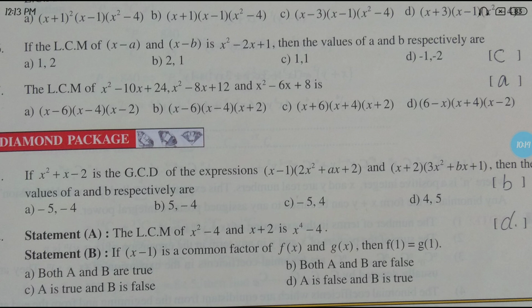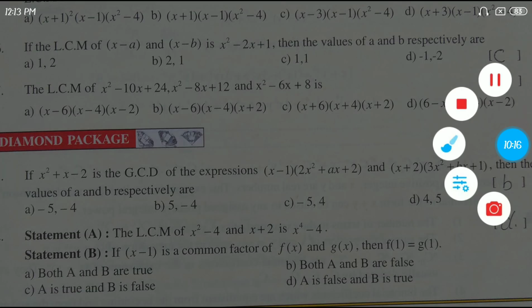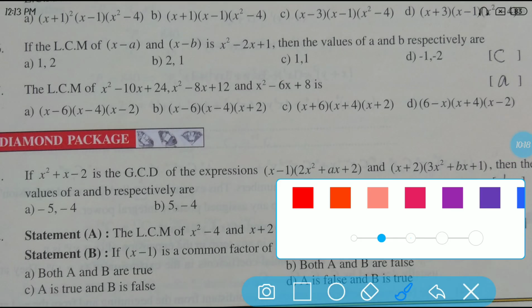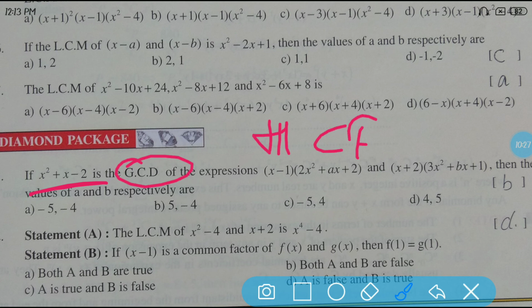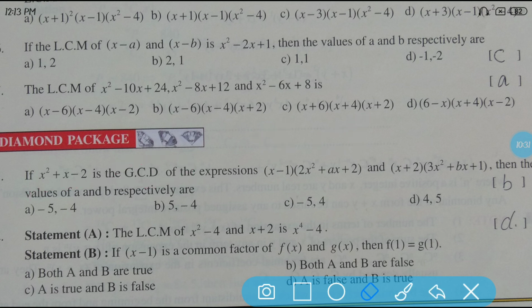This is a really long question. The question says that this is the GCD, which means HCF. We have already learned this, but I just want to give a brush up on it.